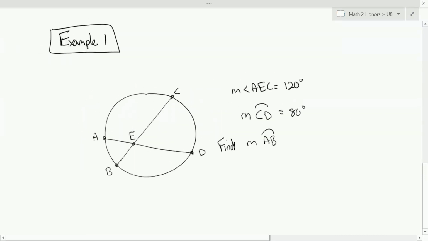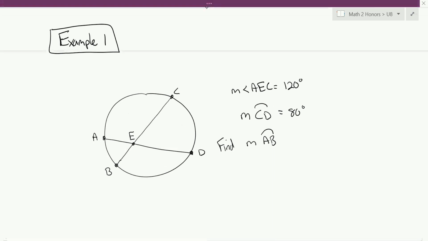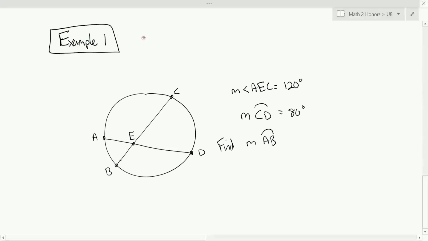All right, I'll give you some time to write that down and think about it a little bit. So we are told CD is 80. We're looking for AB.